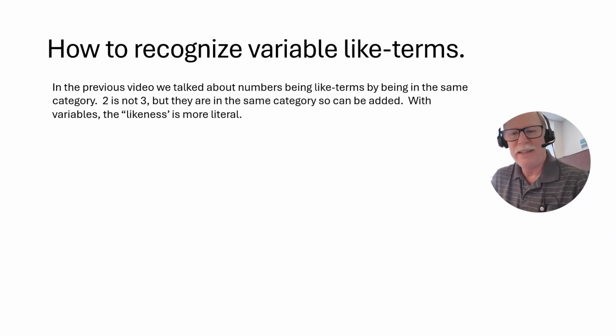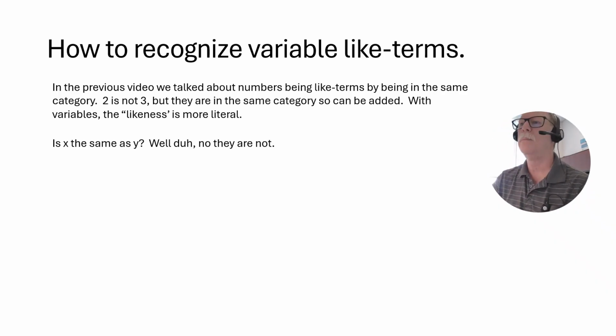Two definitely is not three. Maybe it's like three. It's kind of like three. I don't know. But they're in the same category. And for numbers, that's how we determined the likeness. They're in the category, a special condition for the same root for the irrational category. But with variables, same is same.